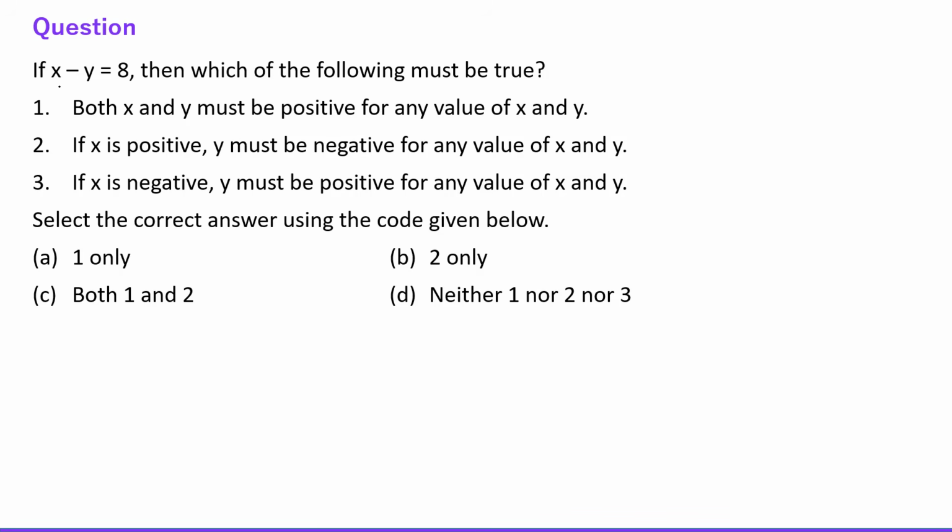Next question is, if x minus y is 8, then which of the following must be true? Both x and y must be positive for any value of x and y. Okay, everyone, here x minus y is 8. So we can choose x as 6 and let us choose y as minus 2.